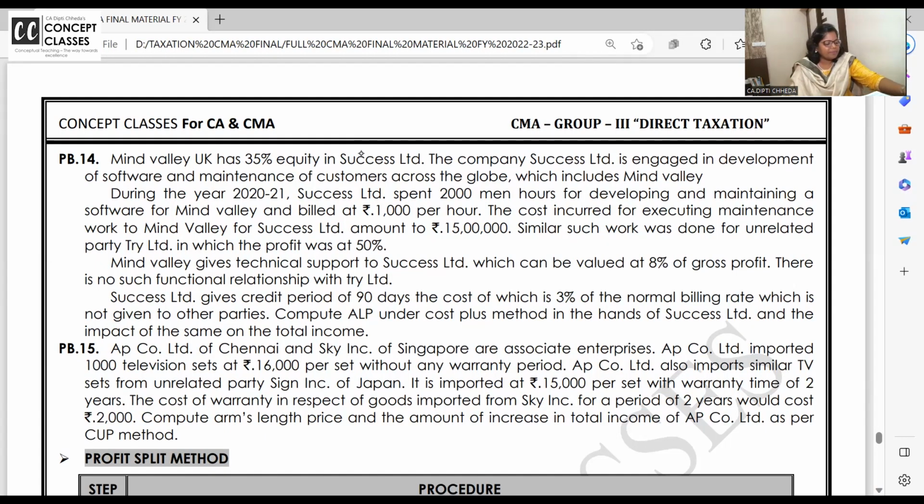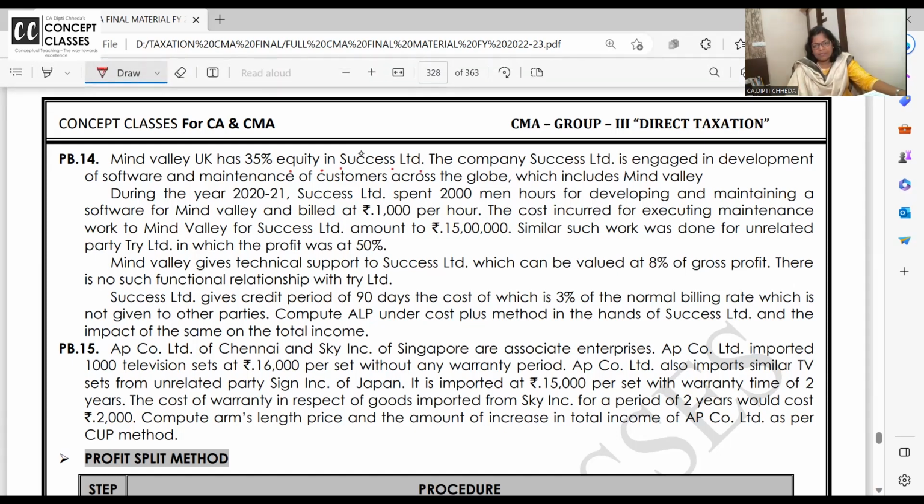The next one. Mind Valley UK Limited has 35% equity shares in Success Limited.